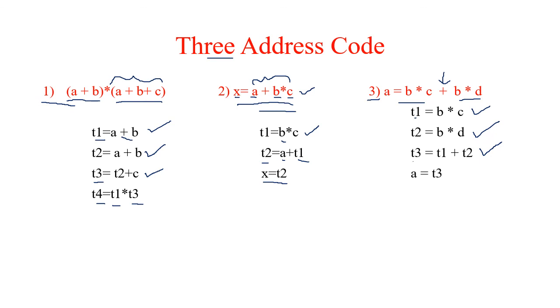Now a equal to t3. You may wonder what is the need of doing these t1 and t2. Why can't we reuse t1? Because t1 and t2 are performing different computations. Reuse of common expressions is performed in code optimization.